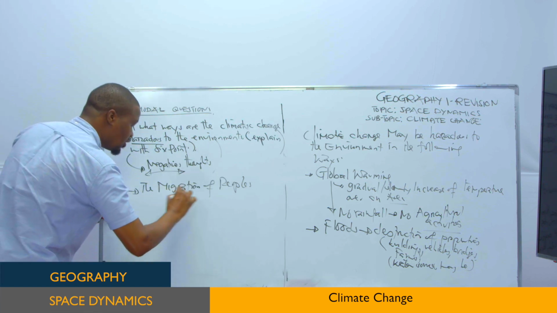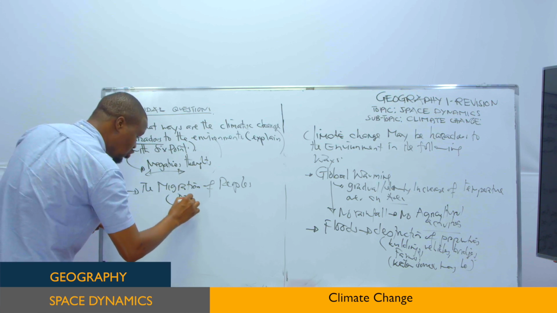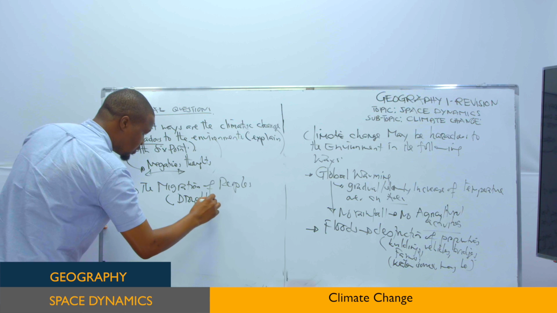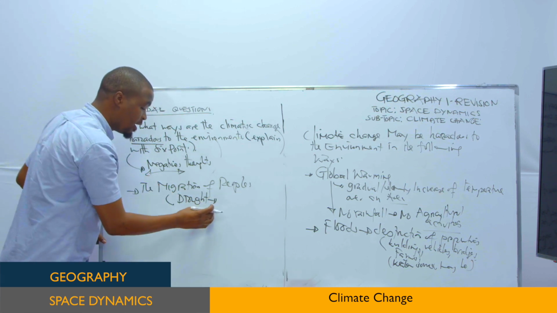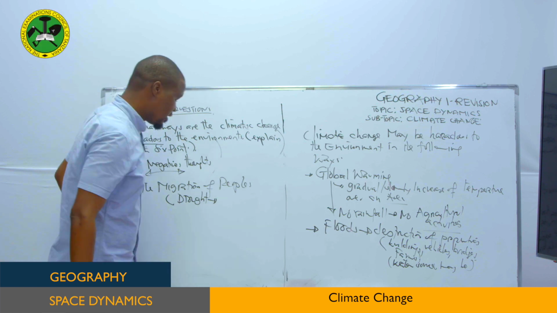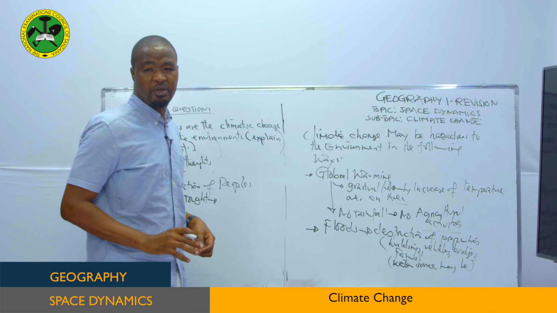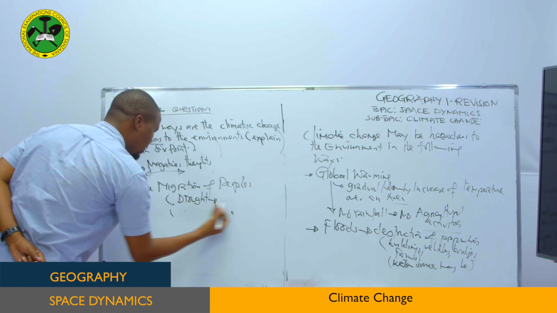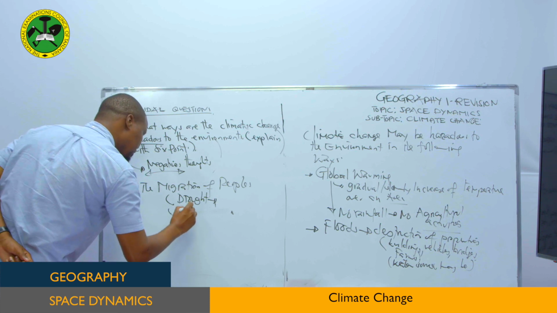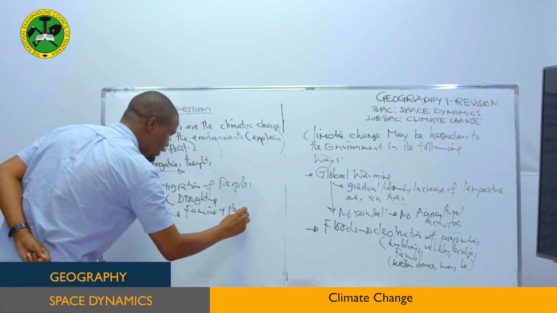For instance, what causes the migration of people? We are talking about, for instance, drought. Drought may result in the shifting of people from one place to another. Why? Because during drought, the area will experience no rainfall, high temperature, stormy winds. The migration of people may be caused by the presence of famine and hunger.